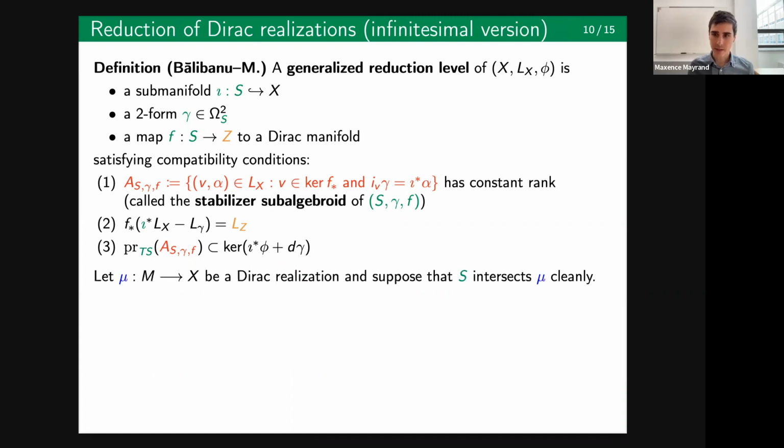Okay, so now suppose that's the reduction data, and suppose now you have a Dirac realization which intersects this submanifold S cleanly.